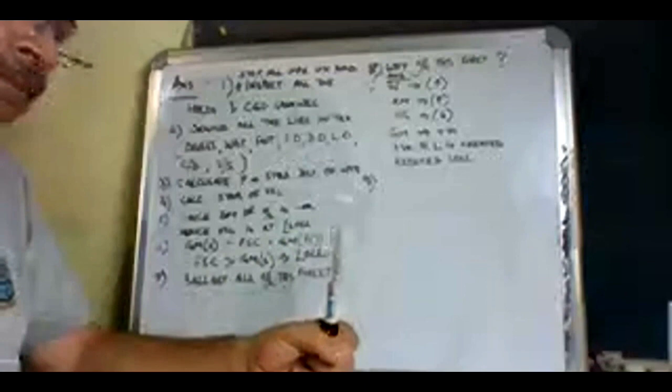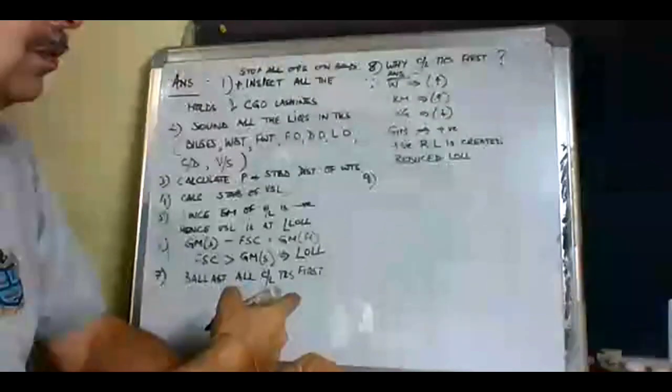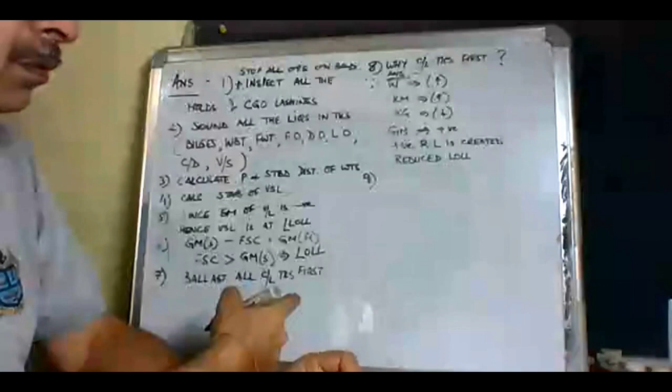Okay, sir. Now we ballast the centerline tanks first. Next, we need to reduce the free surface effect.